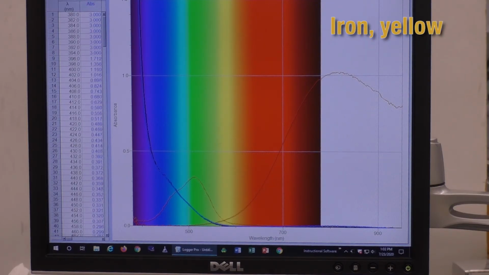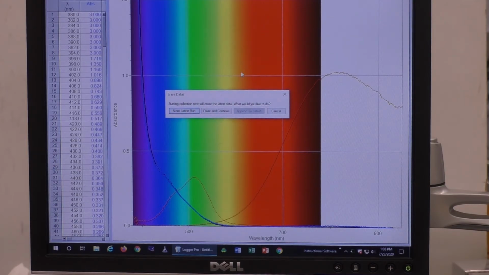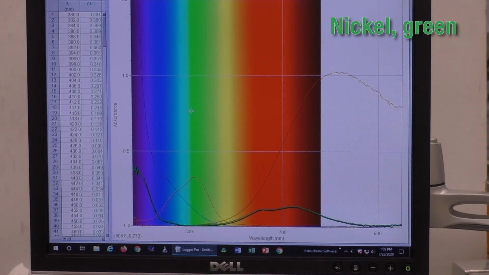And that absorbs a lot in the blue, even going out into the ultraviolet. And the last one is nickel, which is green. So think about how that looks compared to what cobalt was.